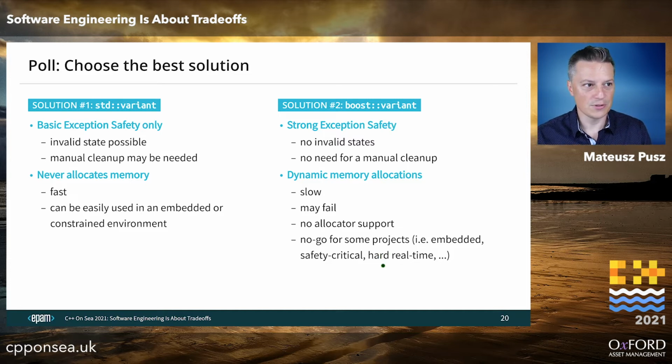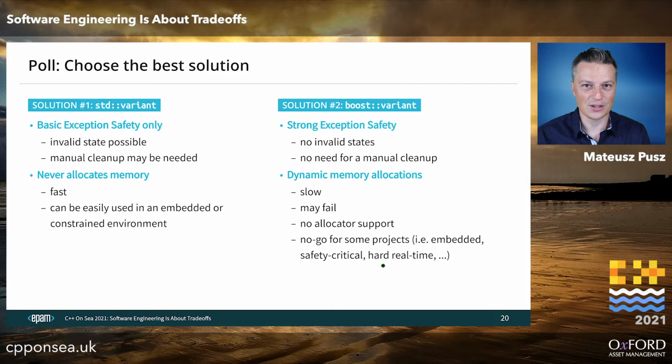And let's see how the poll is going. So far, 57% of people have voted, nearly 60%. And I see 70% for std variant and 30% for boost variant. So this actually is quite encouraging.